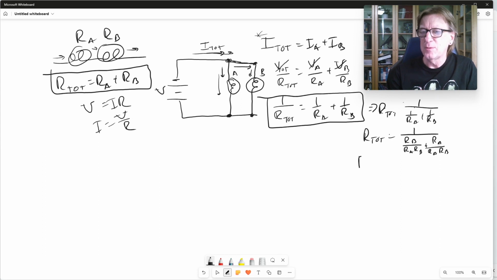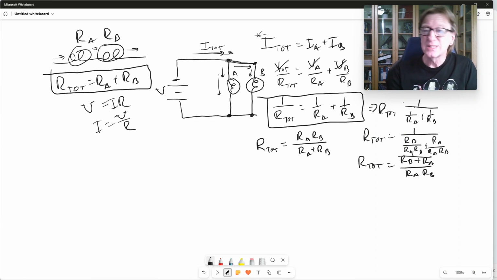I'm going to add those up. R total is going to be 1 over ((RB plus RA) over RA RB). Well, when I take 1 over that, I'm just going to flip it. So I'll write it out here where it's a little more clear. So it is also true that R total is equal to RA RB over (RA plus RB). Either way works. They're exactly the same.